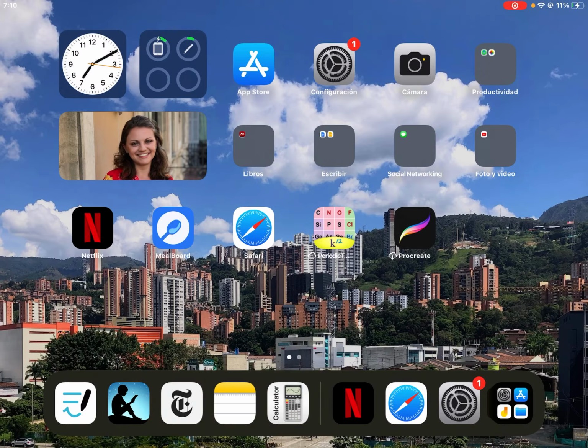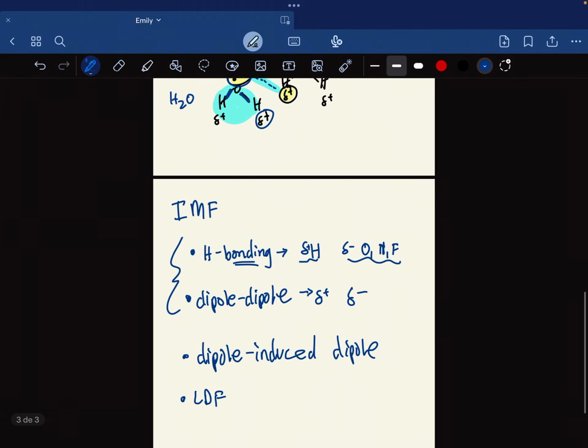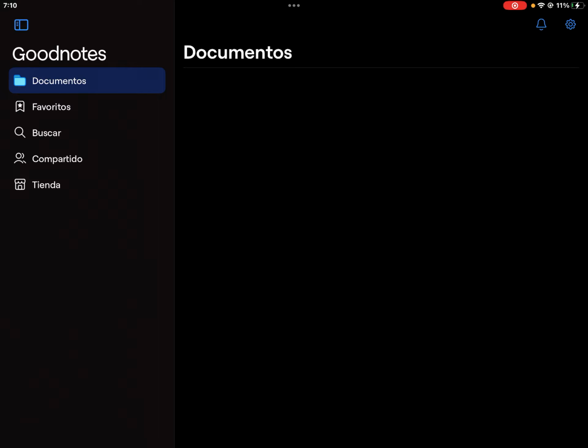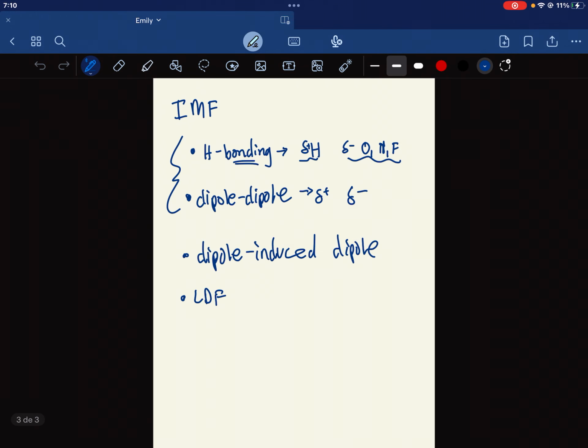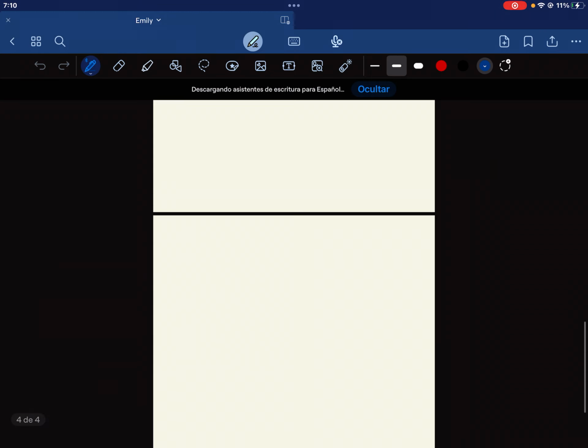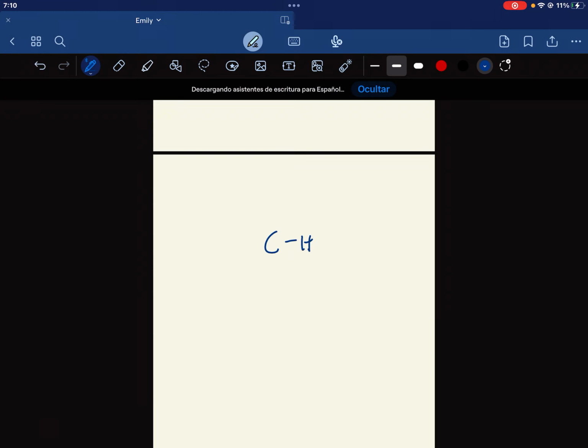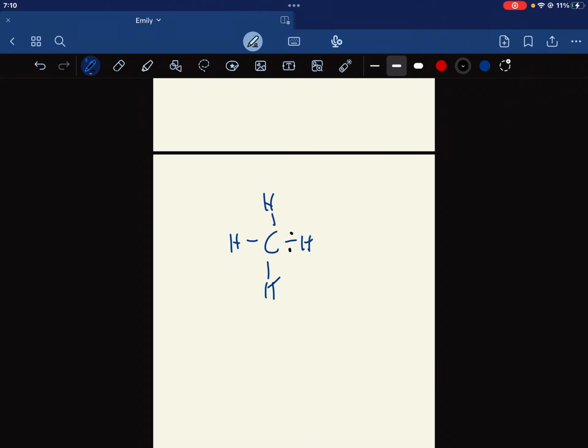So when my partial negative is near CH4, it's going to repel any other negative things, any other electrons. If you think about that CH bond in CH4, the electrons are just hanging out between C and H, moving around totally randomly.